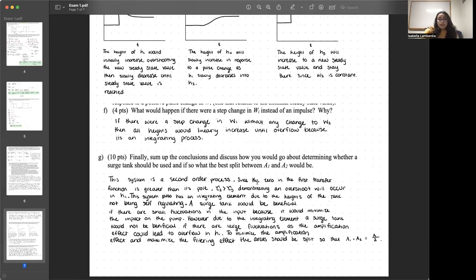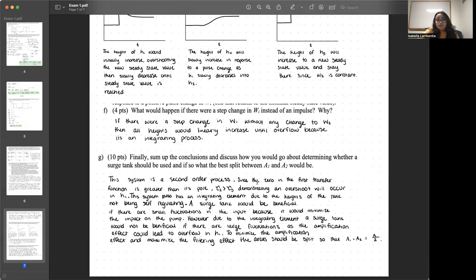However, since we do have an integrating element in this process, I did say that if there are large fluctuations in the input, it might not be a great idea, because we have this amplification effect, which is our tau 2 over tau 3.